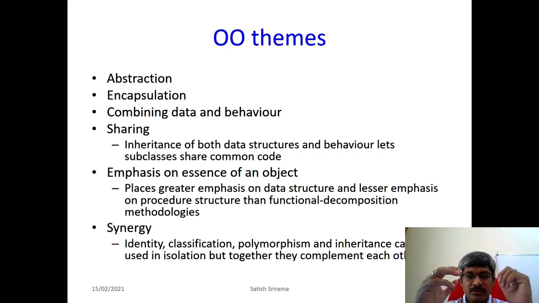Then comes synergy. You can think about identity, classification, polymorphism, and inheritance individually, and you can use them in isolation, but together they complement each other. That is the essence of the object-oriented mechanism.